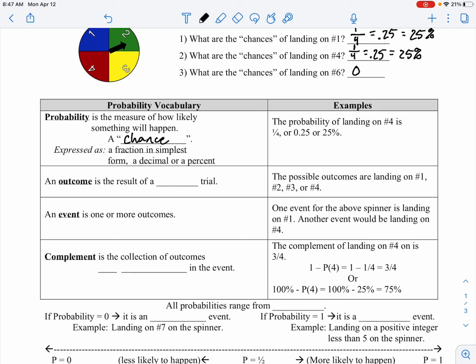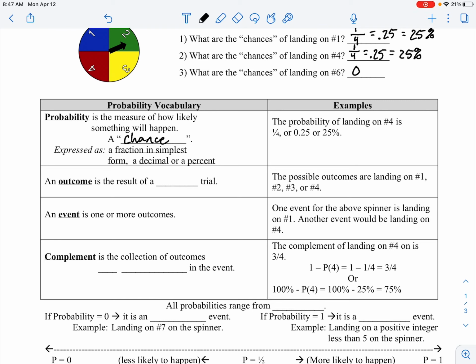It can be a fraction in simplest form. We always have to reduce those fractions. Always, always, always. It can be a decimal or a percent. Just like we talked about up above on number 2, the probability of landing on number 4 is 1 out of 4, or 0.25 if I divide that out, or 25% if I turn that decimal into a percent.